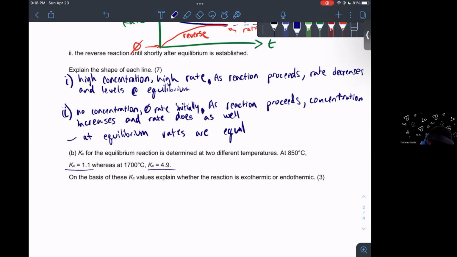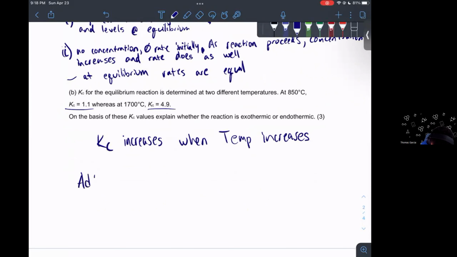So, we know that Kc increases when temperature increases. That means when we add temperature or add heat, we make more products.